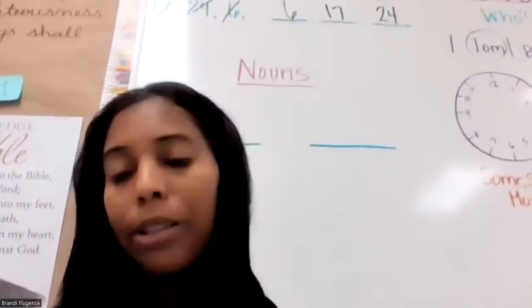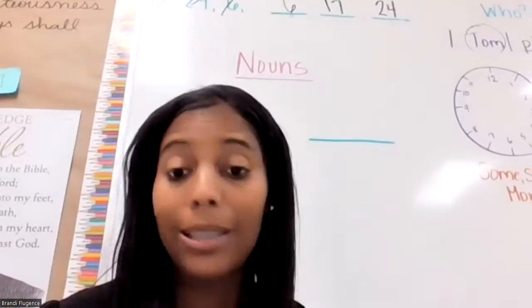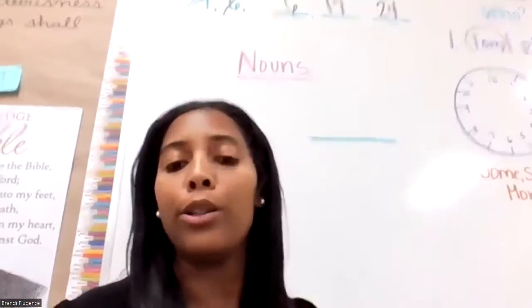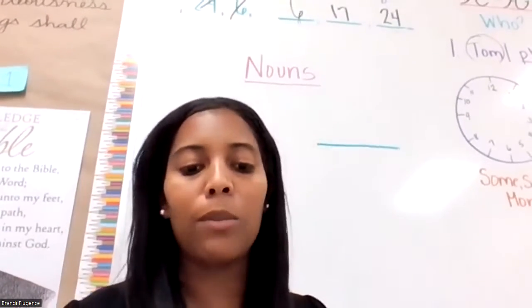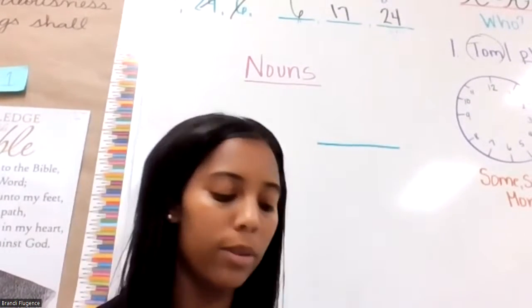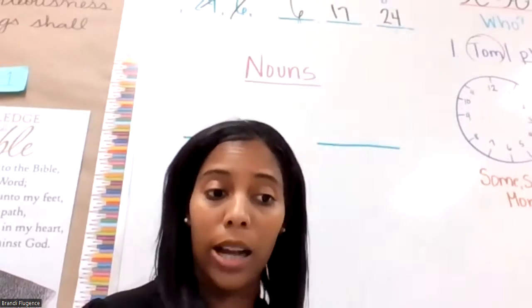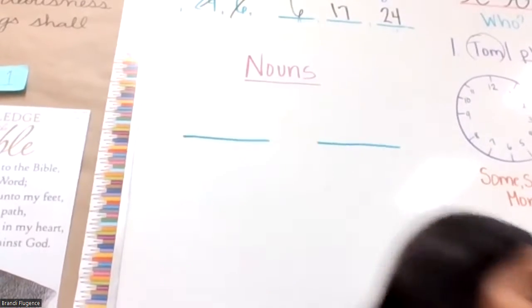So this week, we're going to practice person and place again, but this time we'll add a little something more to that, okay? Because whenever we discuss nouns, there are two different kinds of nouns. So that's what we'll be learning this week, okay?